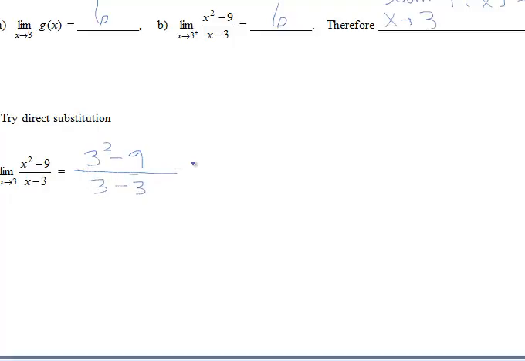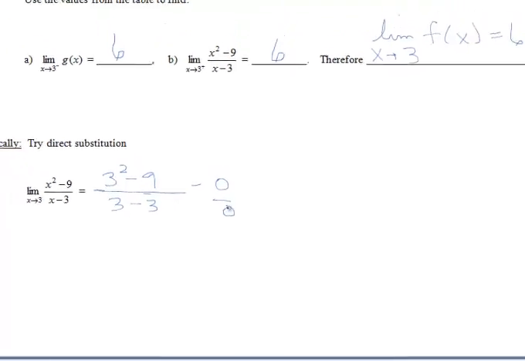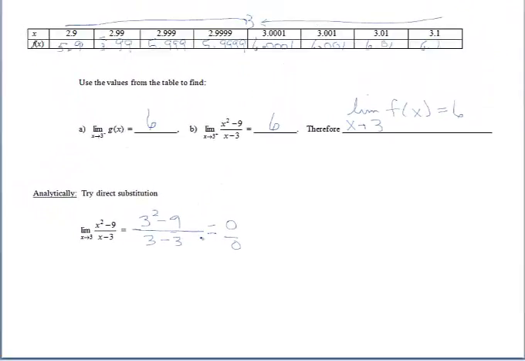We've done this before, and we get 0 over 0. That's the indeterminate form. What that tells us is the functional value does not exist at x equals 3, but still that doesn't tell us anything about the limit. So we're going to take a look back at the function. Is it manageable with calculus or with algebra to maybe simplify this?